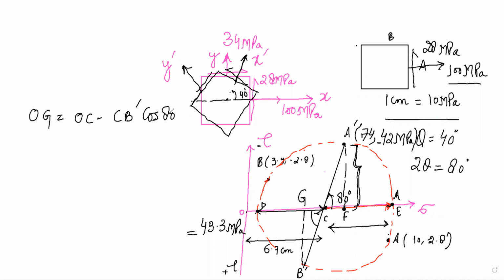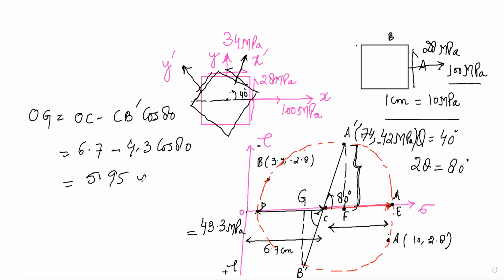Is it clear? So that's equal to how much? OC is equal to 6.7 minus CB prime, which is the radius, 4.3, cos 80. How much is it? 5.95 total.